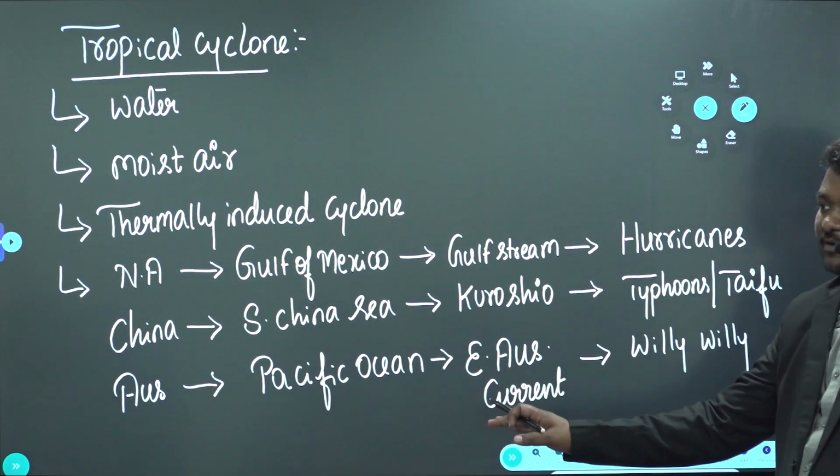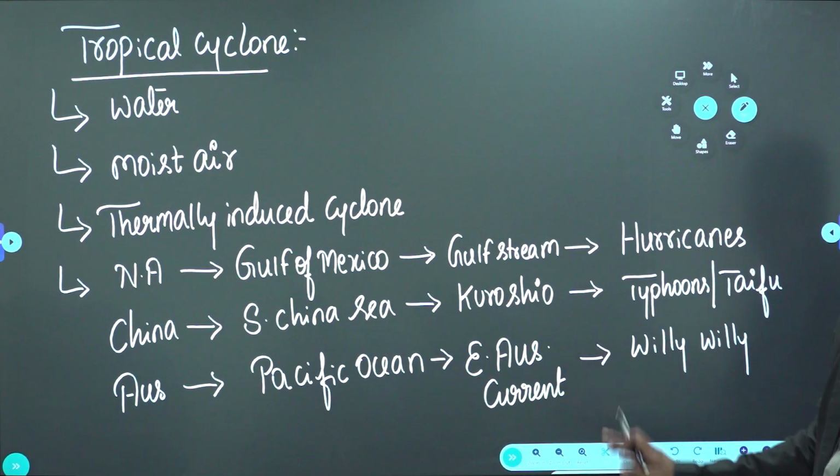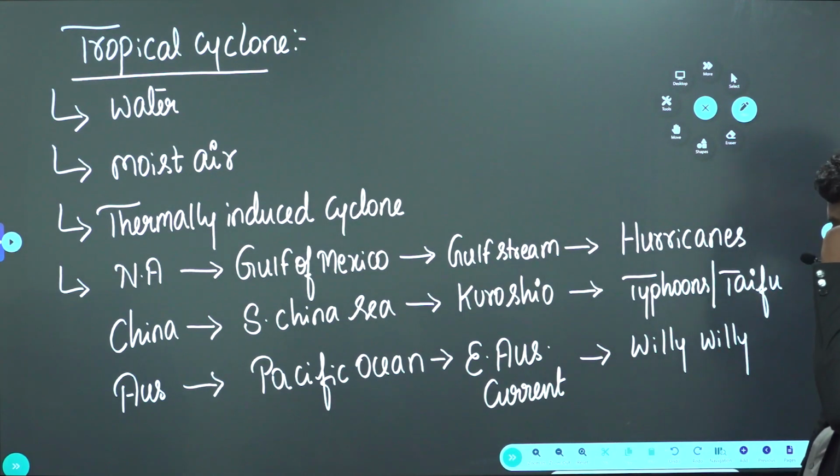In Indian Ocean, it will be called as what? Cyclones. There is no specific north and south, everywhere you have. So Indian Ocean is cyclones.